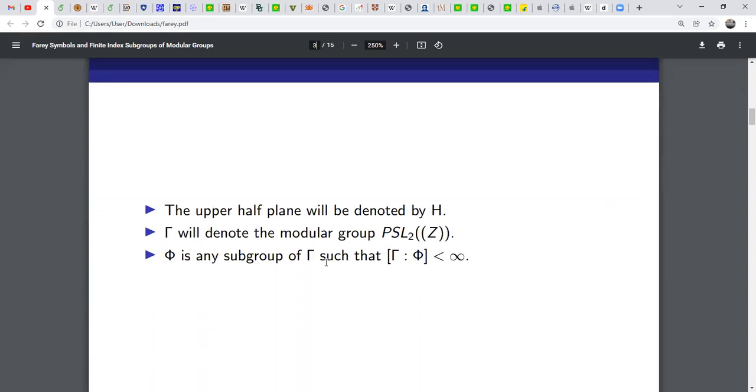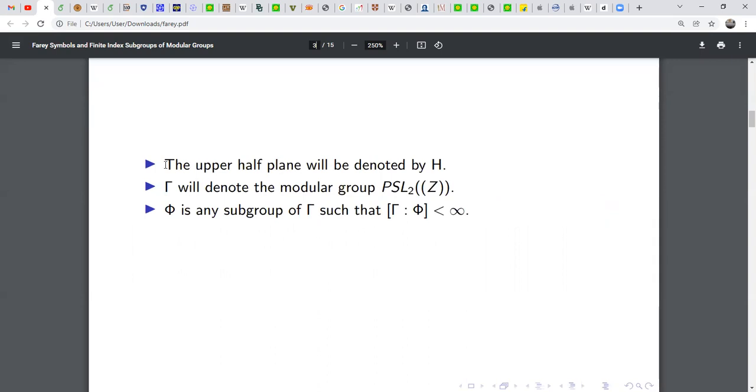So before we proceed, let us start the discussion over again. The upper half plane will be denoted by H. Gamma will denote the modular group PSL2Z, and phi will be any subgroup of gamma having finite index in gamma.